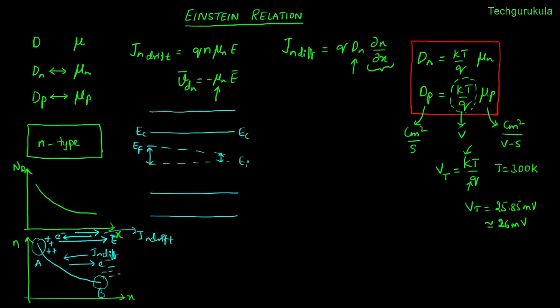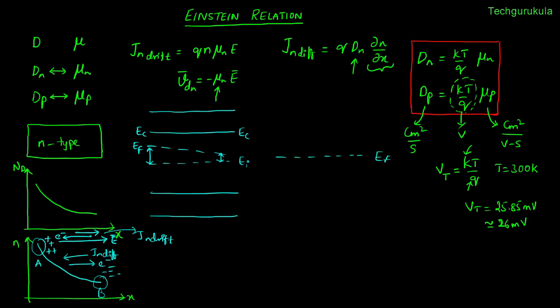So now let me put that equation. Before we do that, let us see how this energy band diagram would get modified once it reaches the equilibrium. Now this band diagram would get modified in such a way that the Fermi energy level throughout the semiconductor should be constant, because we are saying there is no net current flow through this n-type semiconductor, in which case EF will be constant. So I'm taking EF to be constant.